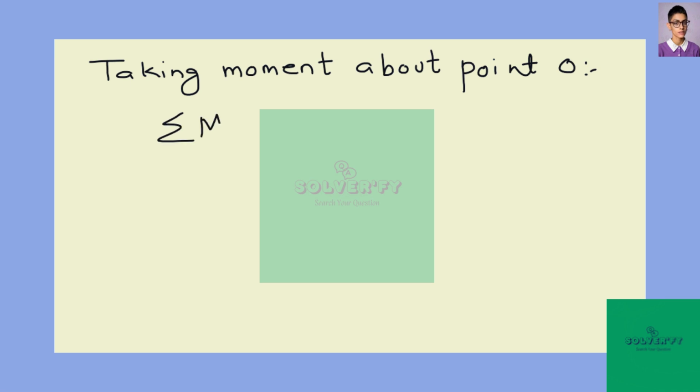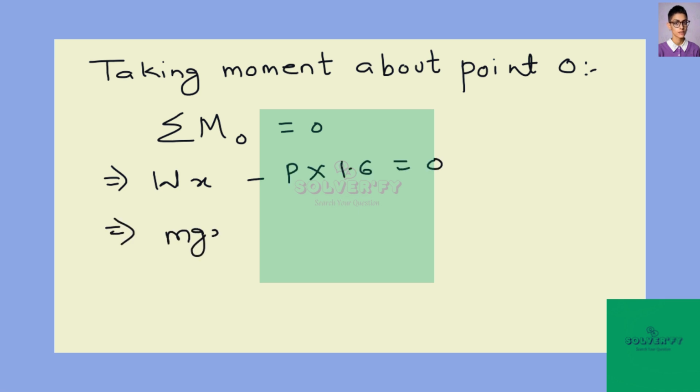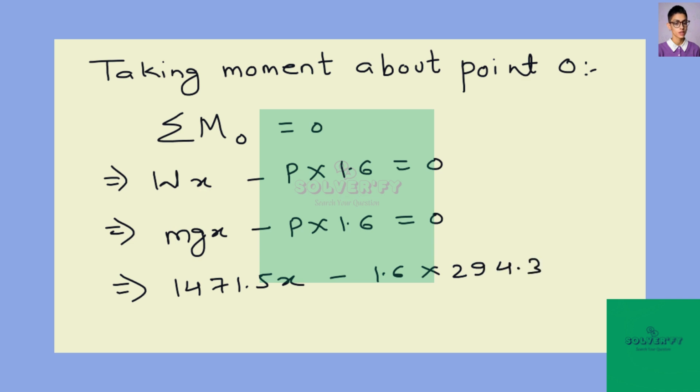Now going further and solving the problem, taking moment about point O. So taking the moment about point O, we can write summation of Mo is equal to 0 or Wx minus P into 1.6 is equal to 0. So mgx minus P into 1.6 is equal to 0. On putting the value of m, g and P here, we will calculate the value of x is equal to 0.32 meter.